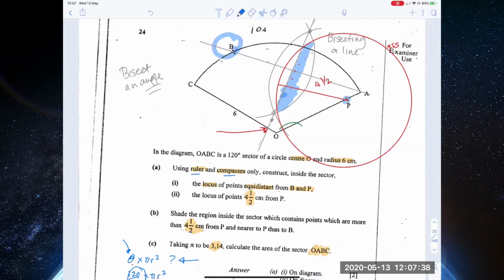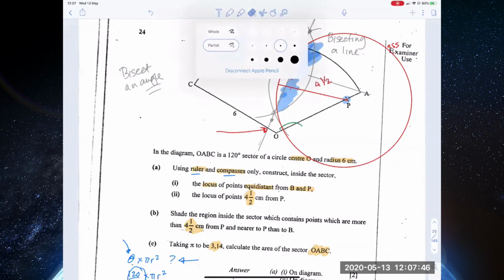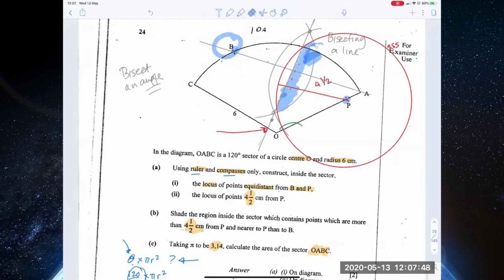So it would have to be this, but they shouldn't go outside this, because they should be within O, A, B, C, whatever. So it will be this here, like that. Okay, that should be it.